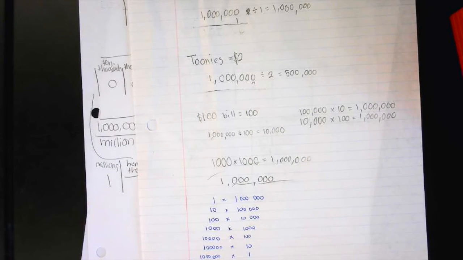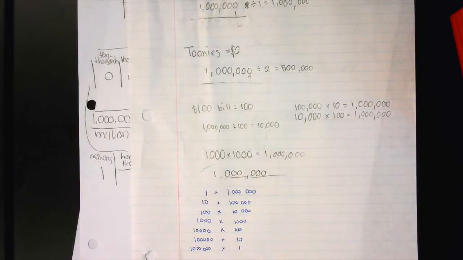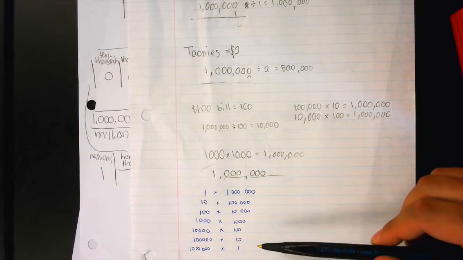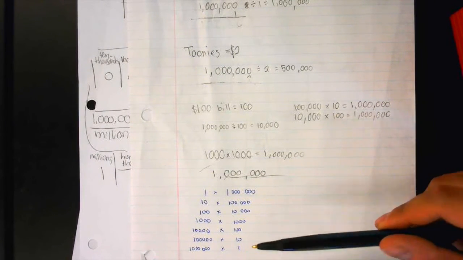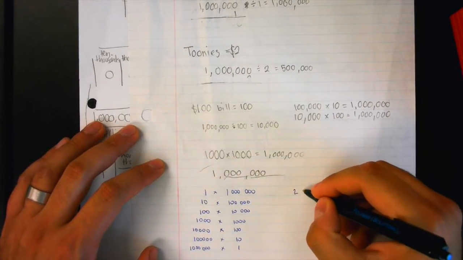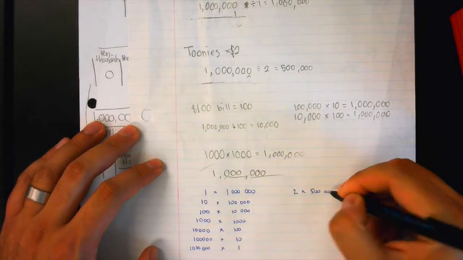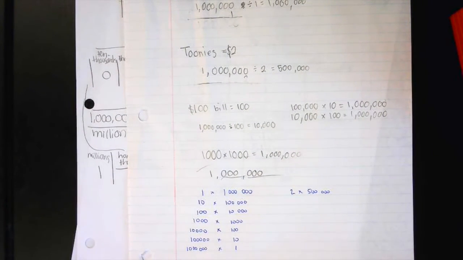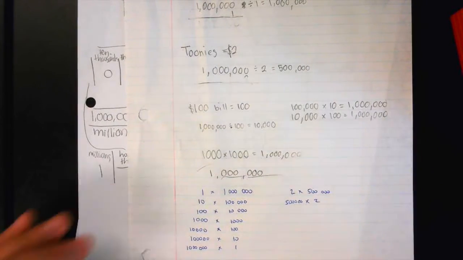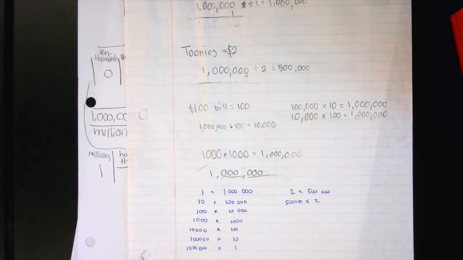So when it comes to another way of saying a million, you have 1, 2, 3, 4, 5, 6, 7 different answers. And then when you guys talked about the toonies, you said 2 times 500,000. And then what would another way be? If we have 2 times 500,000, what would be the other way of doing it? 500,000 times 2. Right. So there you go. This is how you would present this.